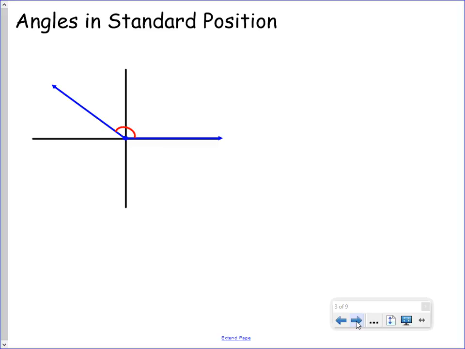So in standard position, you have one side that is always the same. It's called the initial side. The initial side always starts on the positive x-axis. So if you think about a point at the origin, if you were to draw a ray to the right along the positive x-axis, that is always the starting or initial side of an angle.